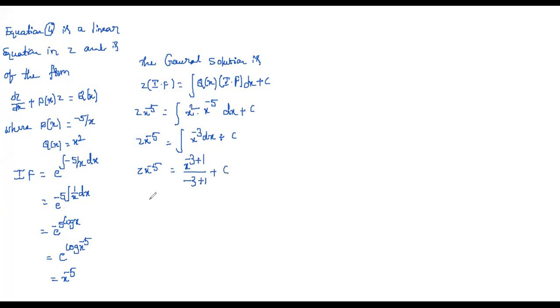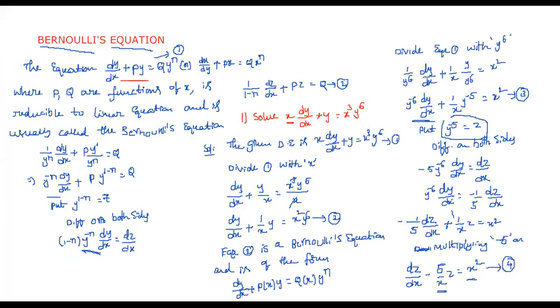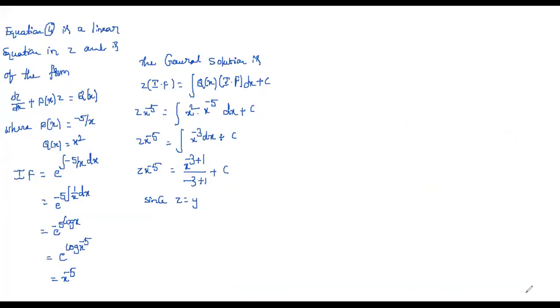And then, since z is what we chose in the assumption, z is equal to y power minus 5. So that one we have to substitute here. So y power minus 5 x power minus 5 is equal to x power minus 2 by minus 2 plus a constant.